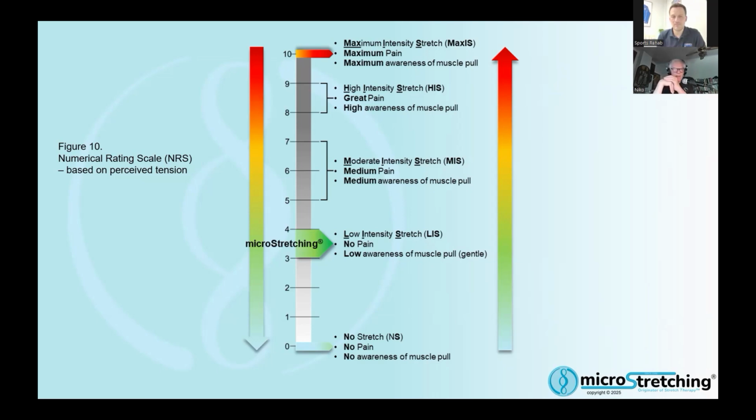So, what is microstretching? What is a very, very gentle form of stretching? If you just allow the wrist to flop this way, where you start seeing just that gentle movement, that's the stretching intensity right there. And it's a nice, gentle feeling. It's a nice, how do you say, low pull.